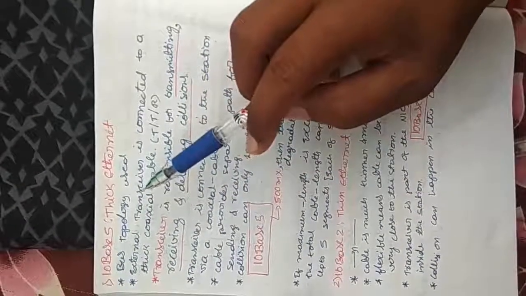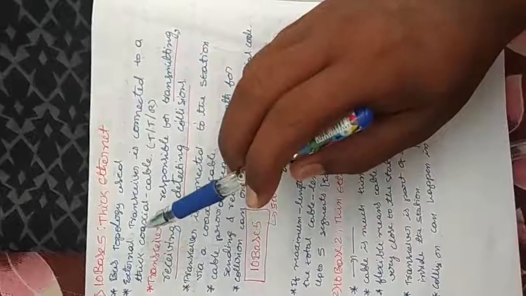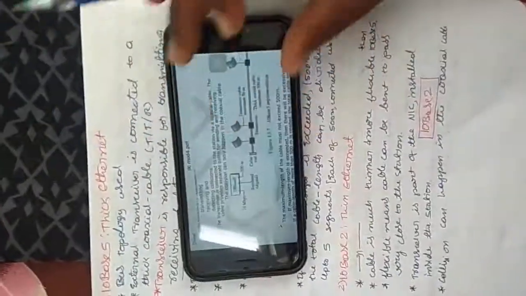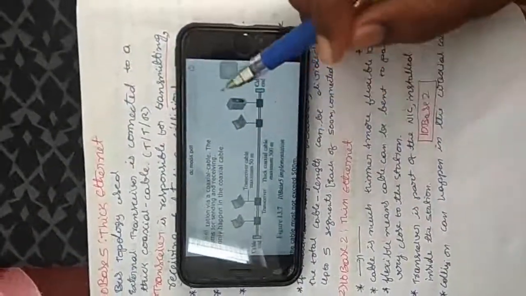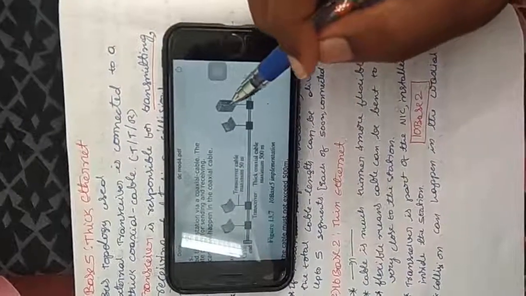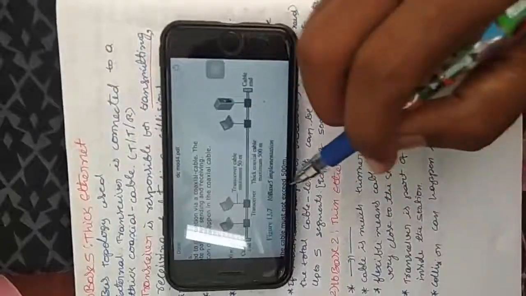An external transceiver is connected to the thick coaxial cable. We can see that this is the bus topology, meaning there is one single line and all the devices are connected to that single wire. That is bus topology.